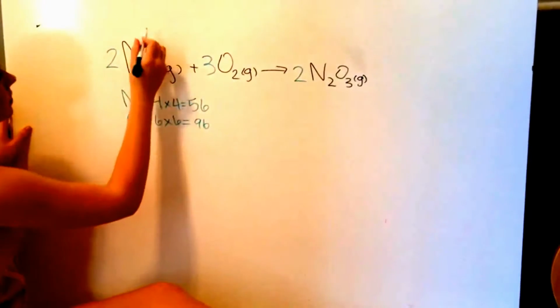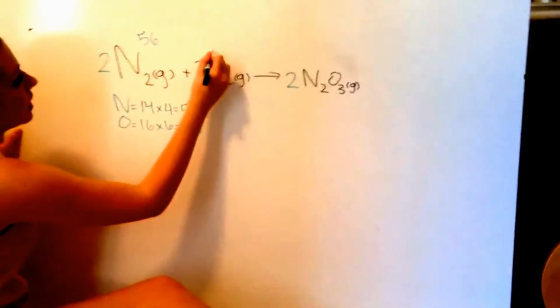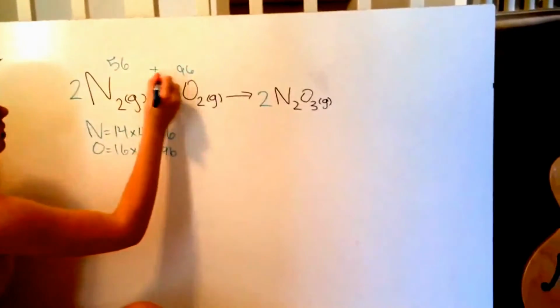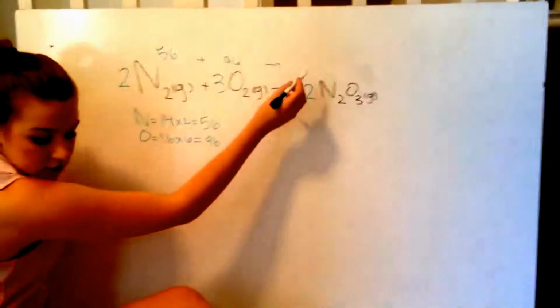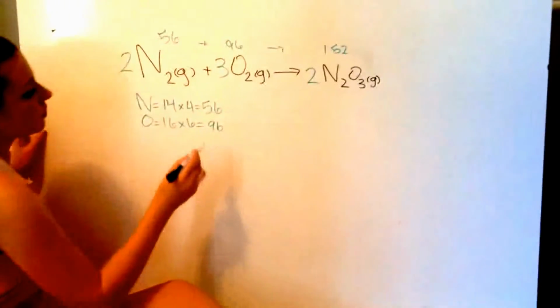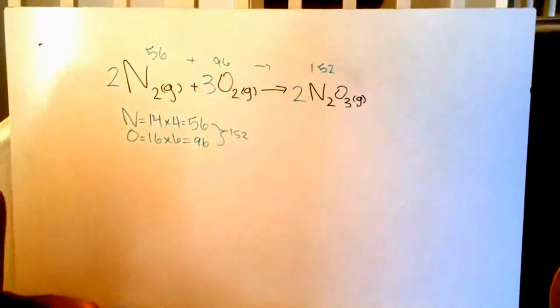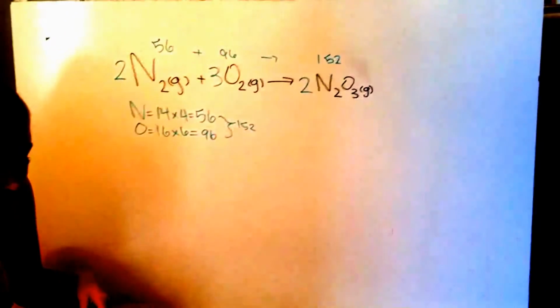So this is the atomic weight of each, 56 and 96. And that is equal to 152. Okay, so now we have all that set.